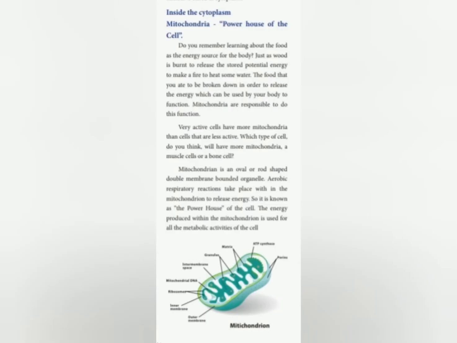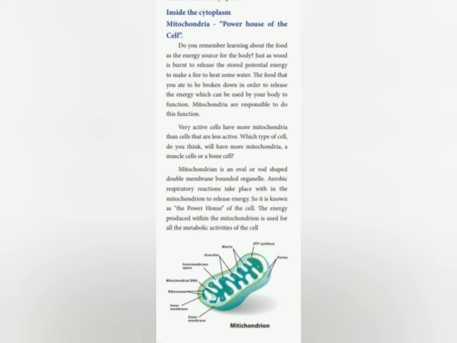Next, inside the cytoplasm, the first one is mitochondria. The mitochondria is known as the powerhouse of the cell. Do you remember learning about food as the energy source for the body?